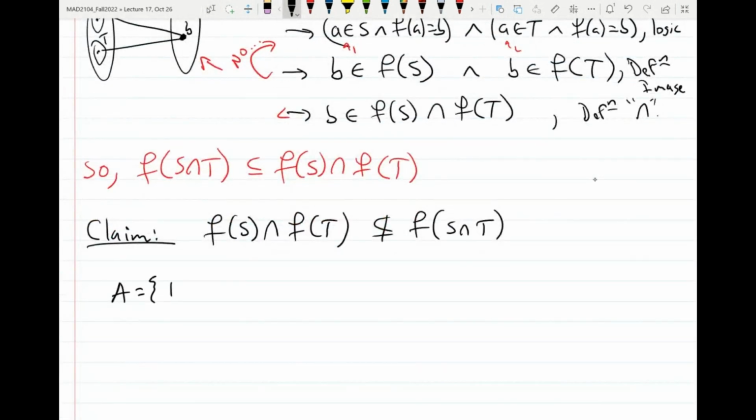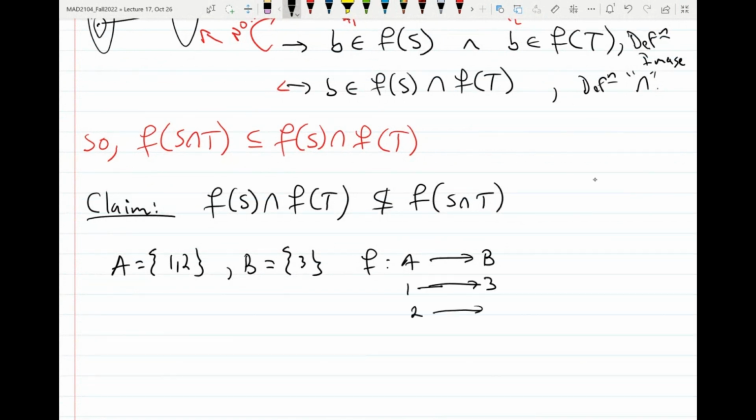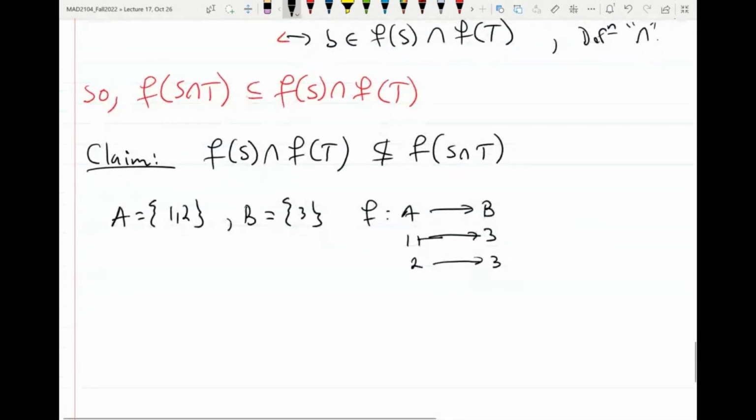Let's say A is the set {1, 2}. Let's say B is the set {3}. And then we're going to define our function f from A to B. Just 1 goes to 3, 2 goes to 3. Both of them go to the same value.